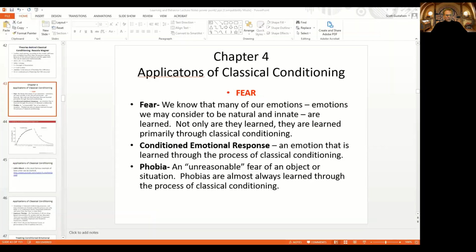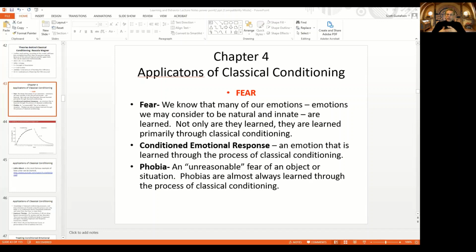The first thing that we want to look at is the classical conditioning of fear. And in order to do that, we are going to look at a conditioned emotional response. Now, a conditioned emotional response is a classically conditioned emotion.